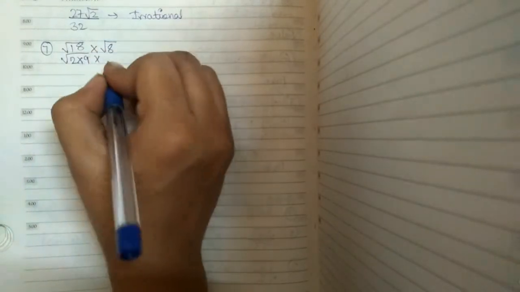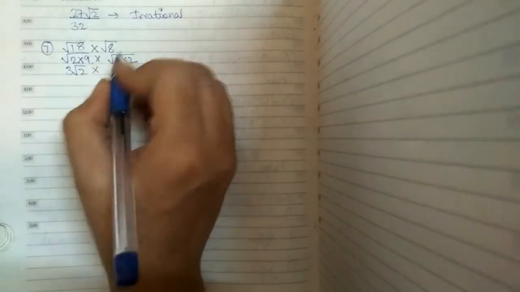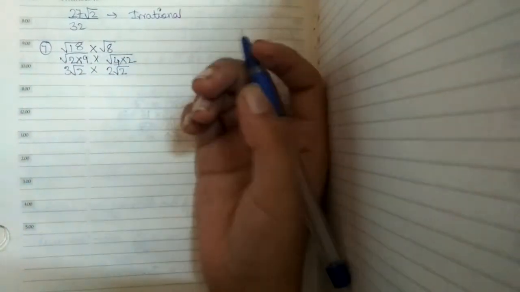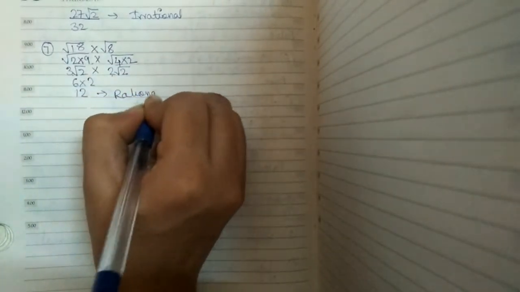This becomes 2 9s are 18 and this becomes 4 2s are 8. In this, one is a perfect square. Here also one number is a perfect square. So this will be 3 root 2 multiplied by 2 root 2. 3 2s become 6, into root 2 into root 2 becomes 2. This becomes 12. So it's a rational number.